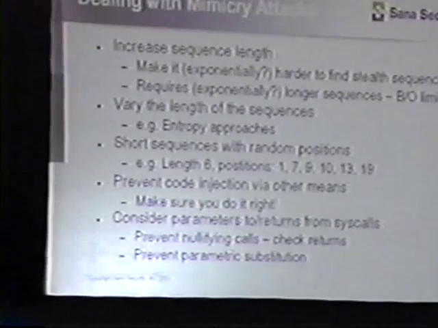Now, if you increase your sequence length from 6 to 16, which you can often do by packing into bytes and things like that without much computational overhead, you could potentially exponentially increase the length that the stealth sequence needs to be. And also, not only that, increase the amount of time needed to generate the stealth sequence. And if you think about increasing the length of the stealth sequence, that becomes very problematic because if you're trying to inject that stealth sequence via buffer overflow, you might not have space for 10,000 system calls.